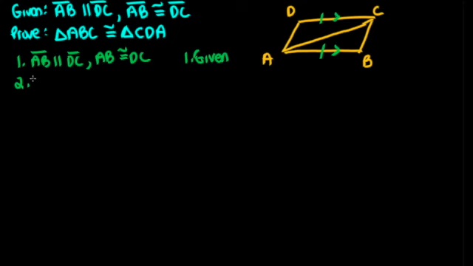Okay, now the next thing we need to do is find some sides which we can tell from the picture are congruent to each other. So by using the reflexive property, we can see that right here, segment AC is used in both triangles. So we can say that segment AC is congruent to segment AC.